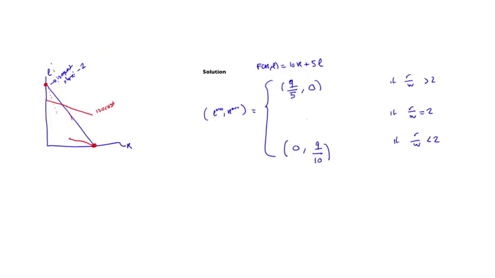Now, for the case in which the relative prices are exactly 2, any point along the isoquant, which also lies in the cost minimizing isocost line, is a solution. So we can write this as follows: any (L, K) that satisfies the following, with K greater or equal than 0, less or equal than Q divided by 10.